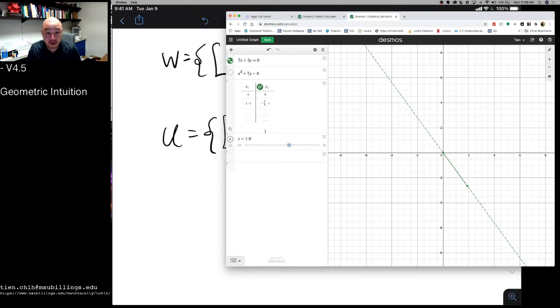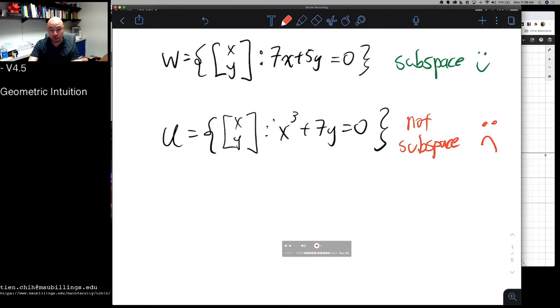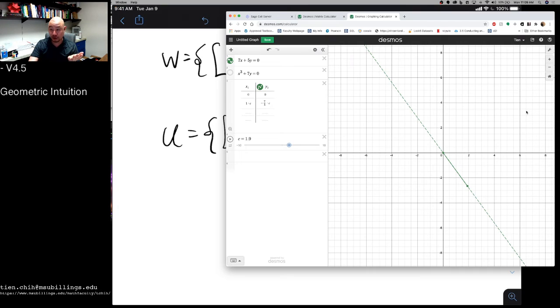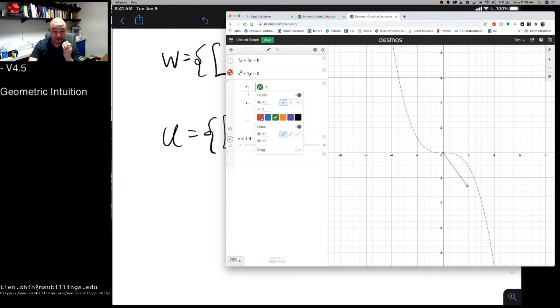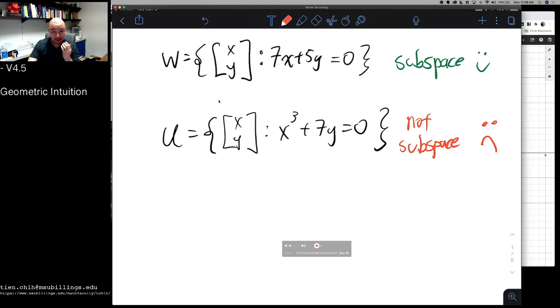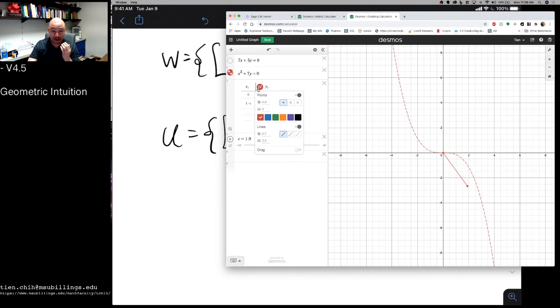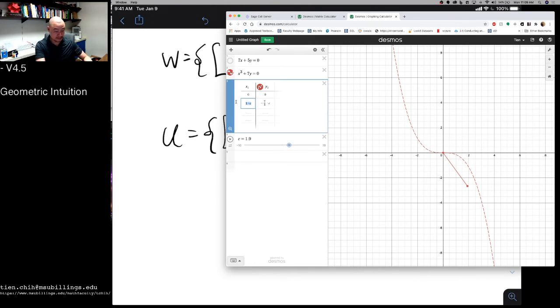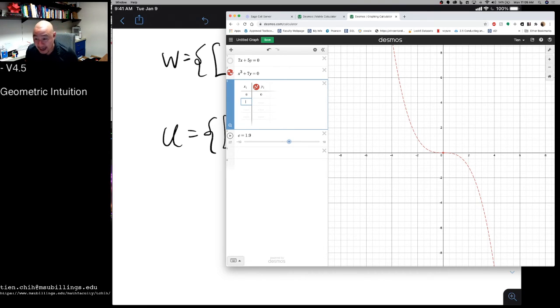Alright, so let's talk about U then. U was x cubed plus 7y equals 0, which was a cubic, right? And so when we talk about what goes on U, let's now pick a vector on this curve.